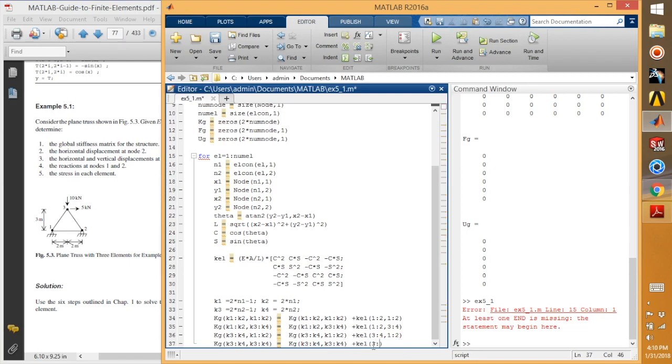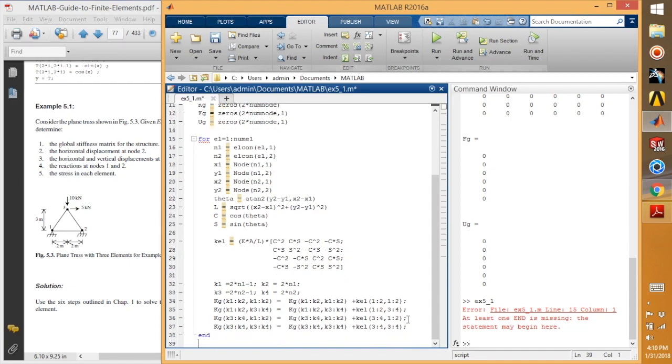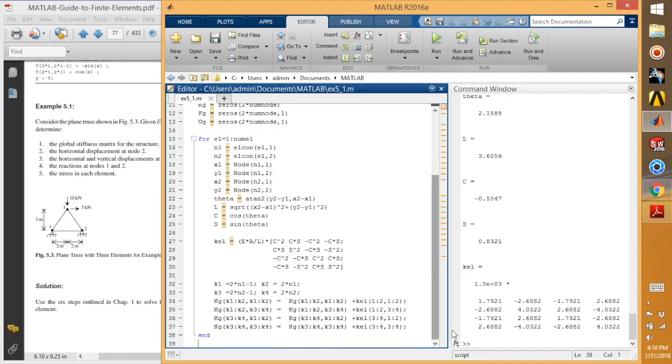So let's type in end. So we have our global stiffness matrix.